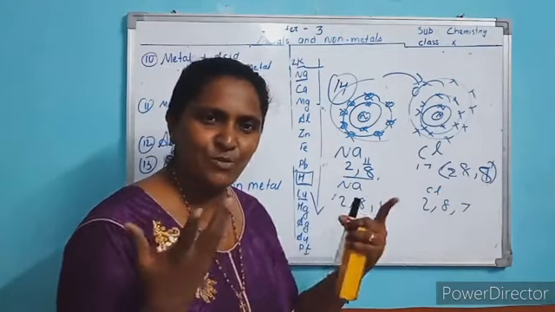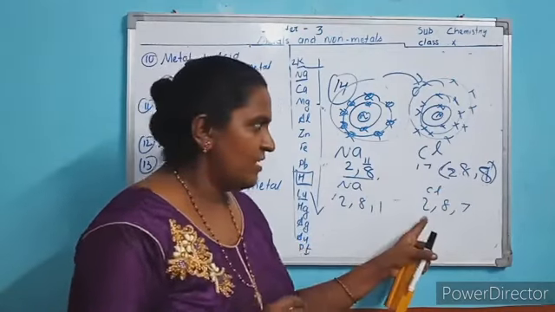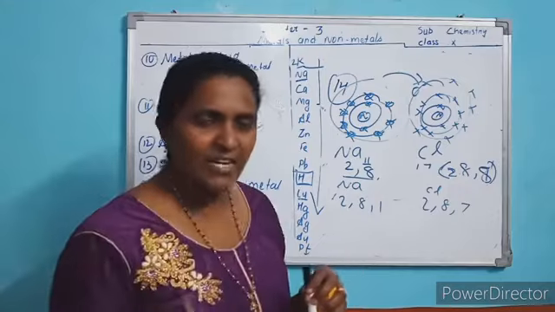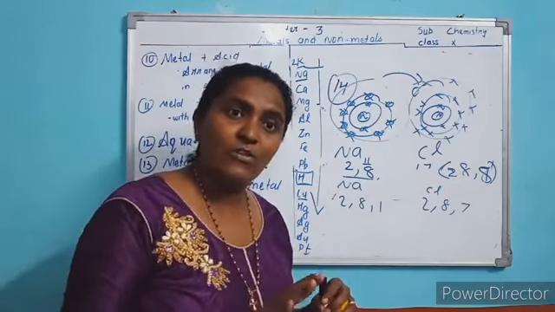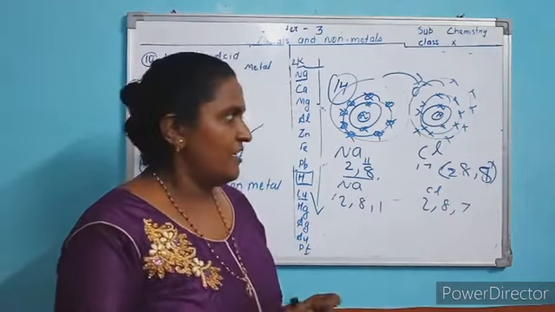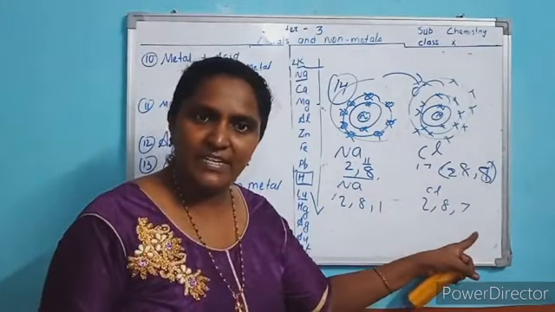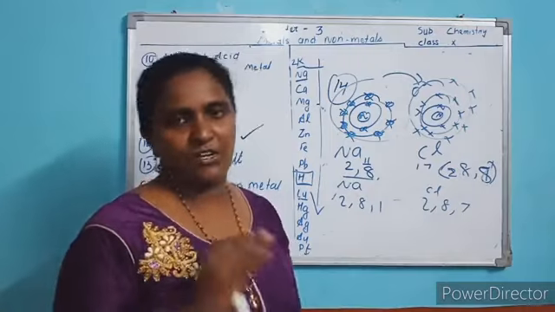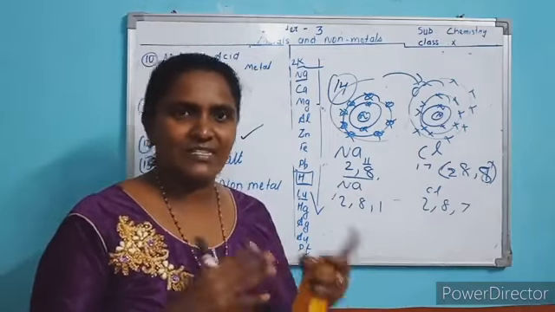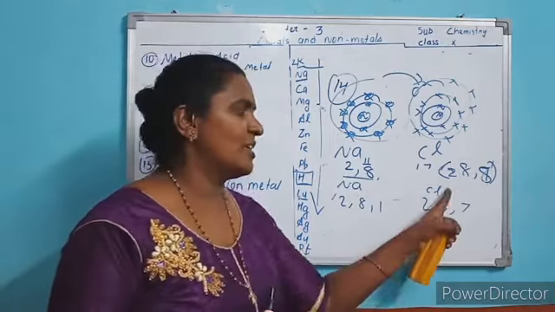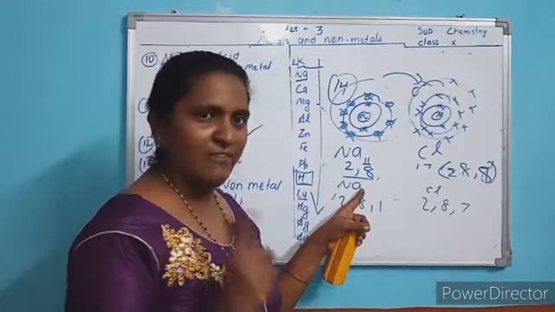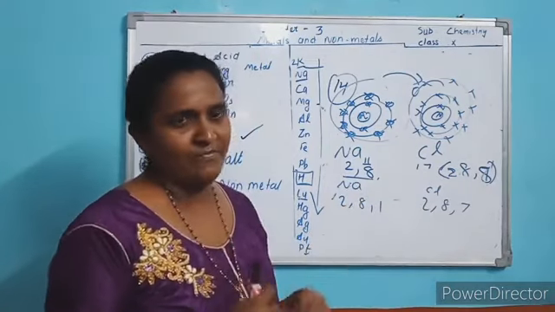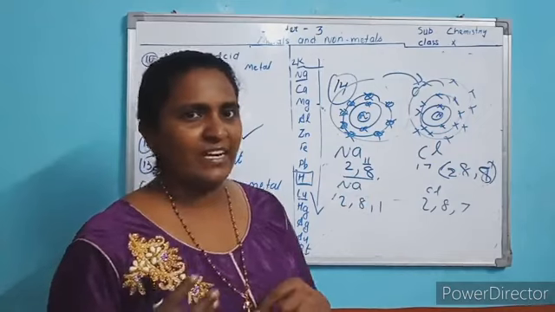If an atom has 11 electrons, it has 11 protons also. If an atom has 17 electrons, then it has 17 protons also. So the positive charge 17 plus and negative 17 cancel, and it becomes neutral. Here also 11 protons, 11 electrons.